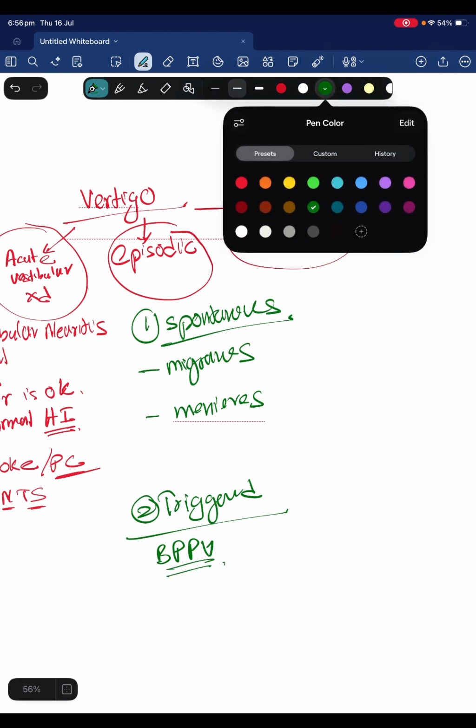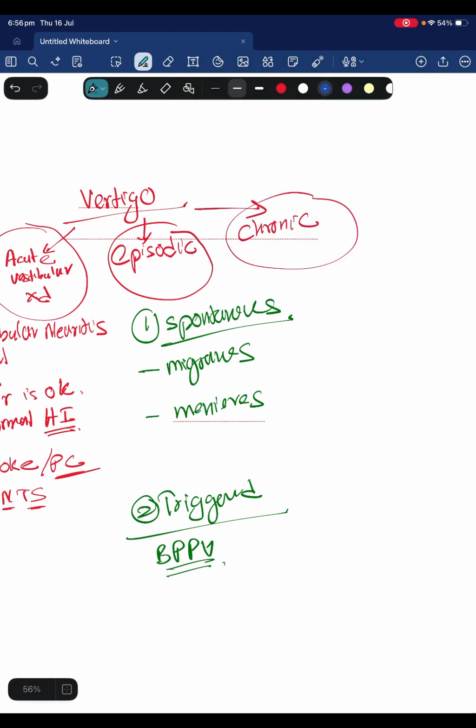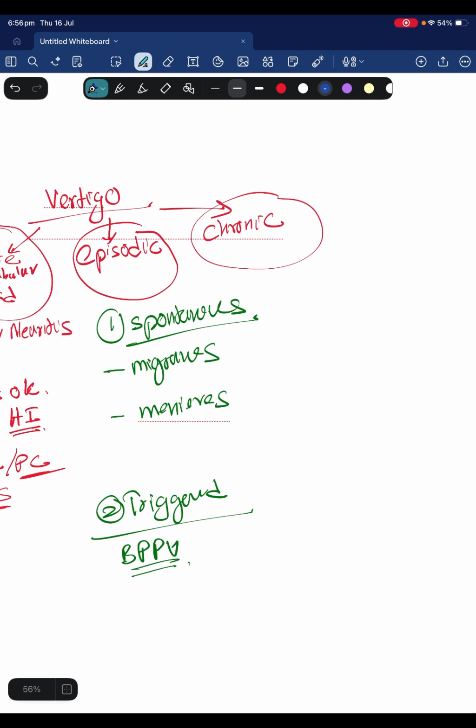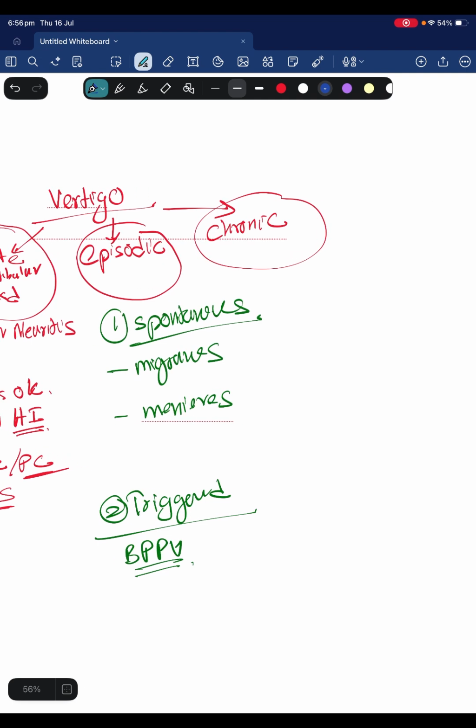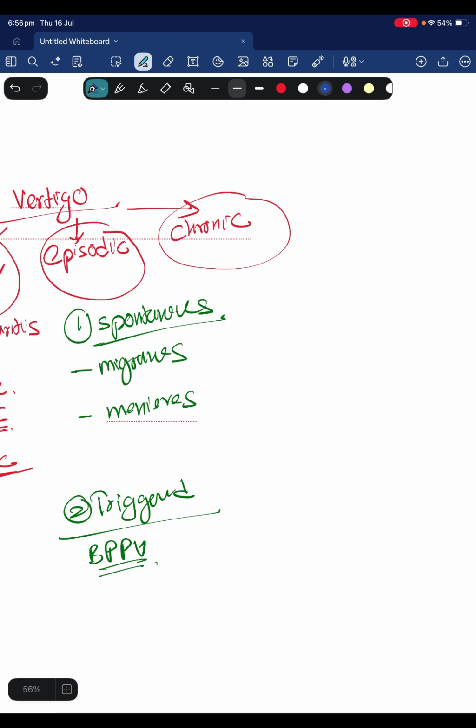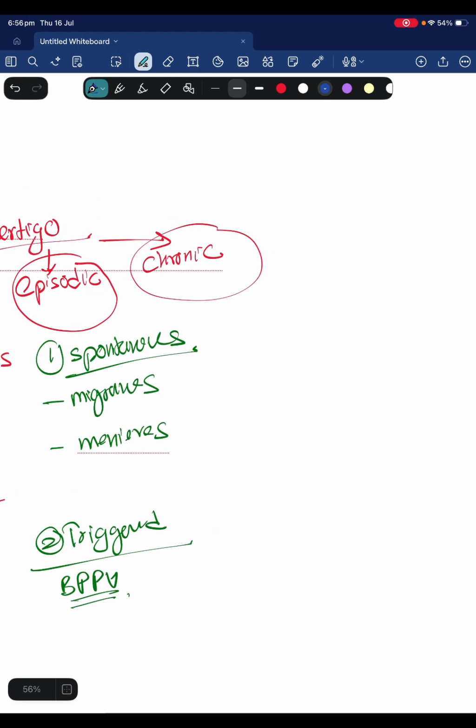And I'm not going to go into huge details about each one, but I just mentioned some points that would help you to build your knowledge. And then lastly, about chronic vestibular syndrome. The differentials for this are vast. Again, you can subdivide this into central nervous system issues, so this should be your chronic cerebellar pathologies.